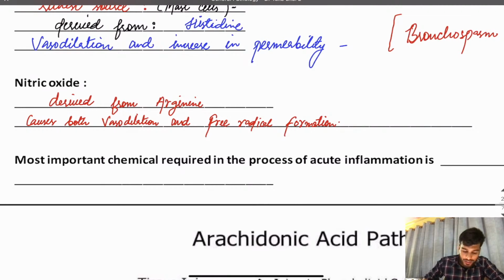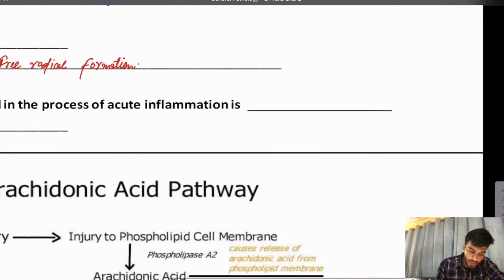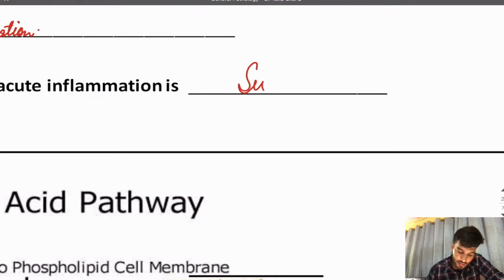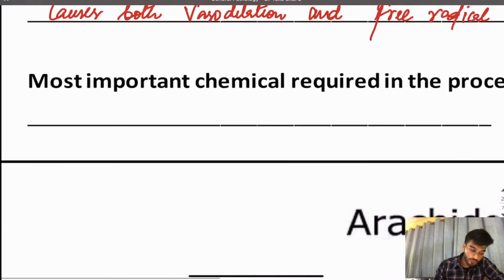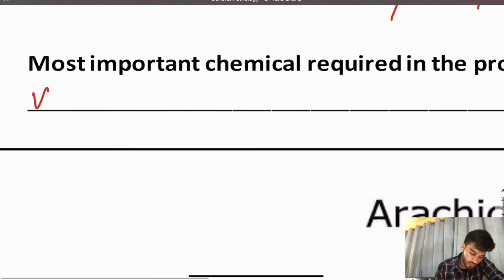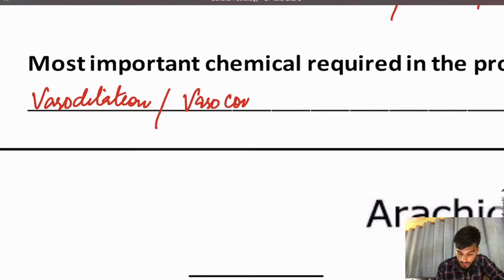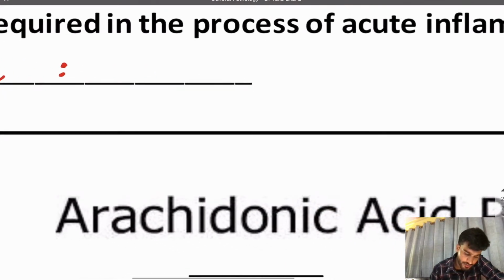The most important chemical required in the process of acute inflammation, what's the most important one, guys? Serotonin. Now serotonin has both functions, vasoconstriction and vasodilation. What is the source, guys?